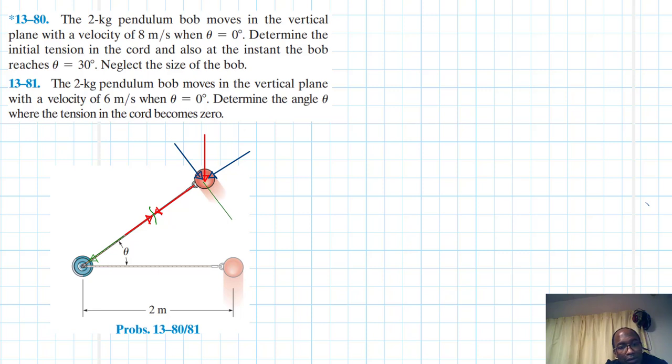So let's say we have our motion. We are moving from down, from 0, going up like so. So this is our N. This is our T. This is our tension. This is our W.